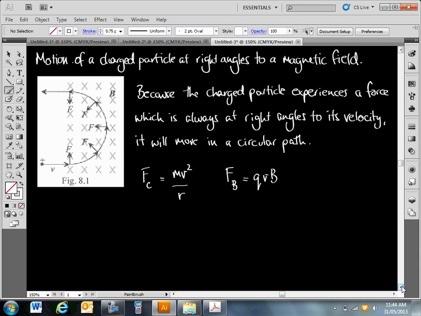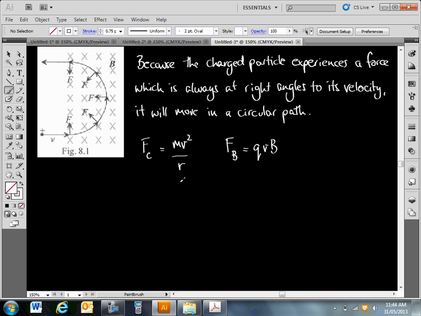We can equate these. You know what I'm going to do now. I'm going to bring that here and bring that down here. mv squared over r is equal to qvb in this case, and solve for r.